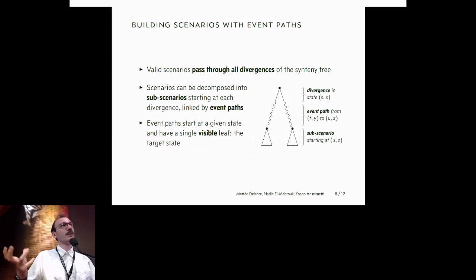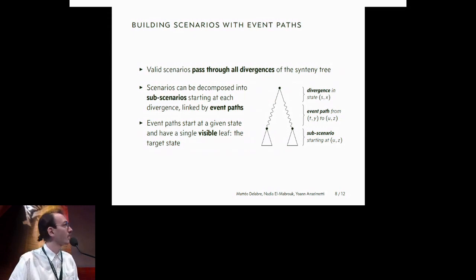And between those waypoints are event paths that are needed to connect together those divergences. So more specifically, we can decompose any scenario into sub-scenarios that start at the next divergence and link together with event paths.